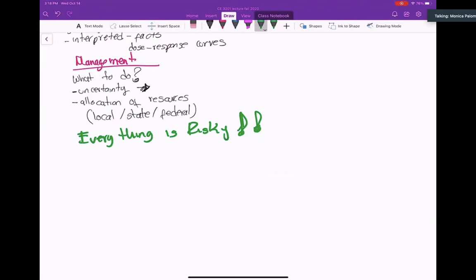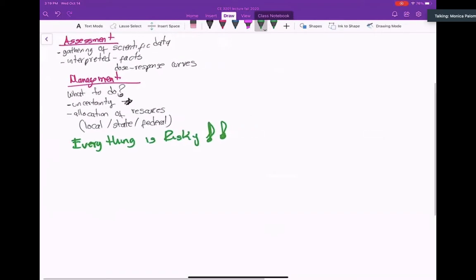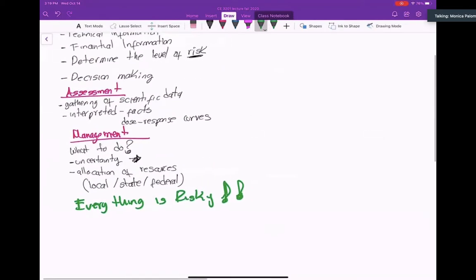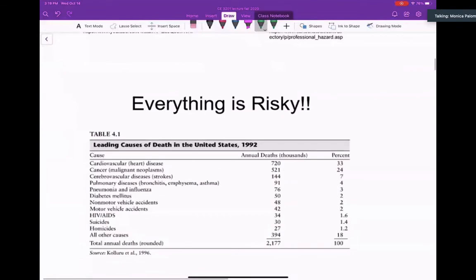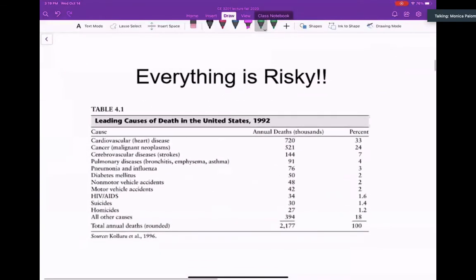Drinking water from the tap is a risk. Drinking bottled water is a risk because you don't know what's in there. You just believe that whatever they're selling to you is good, right? There is no way to go and tell what's in the water. If there's going to be someone driving carelessly today on the freeway, you just take the risk. So let me go here, and everything is risky, and I can show you here.